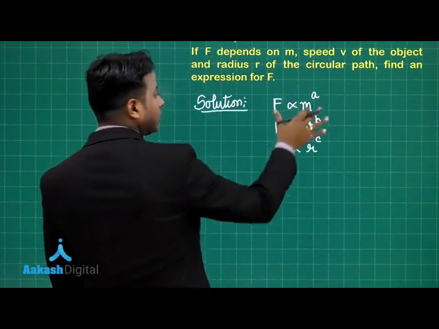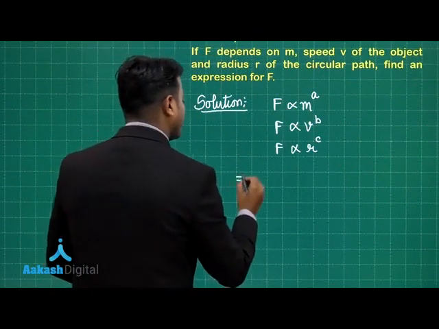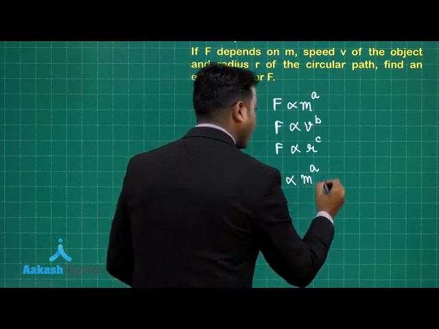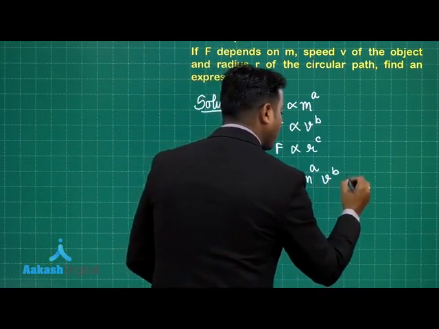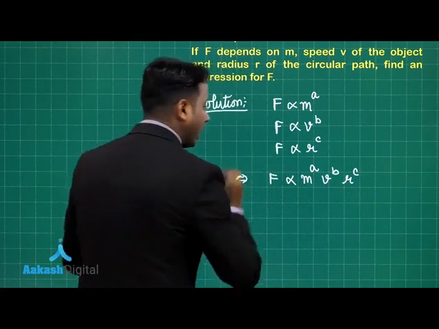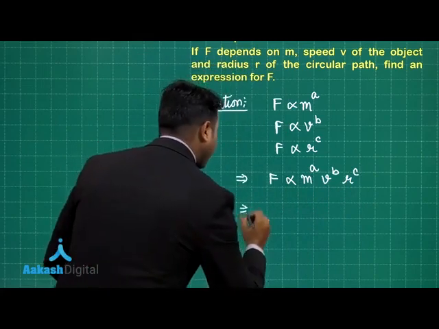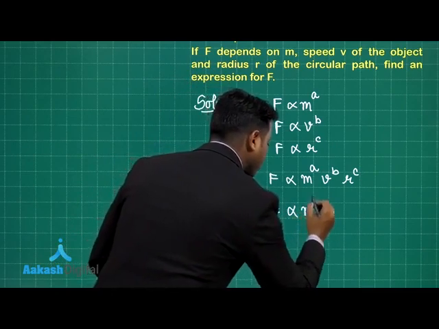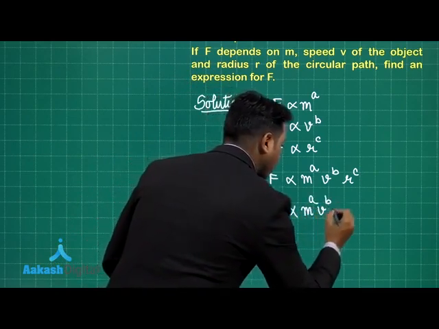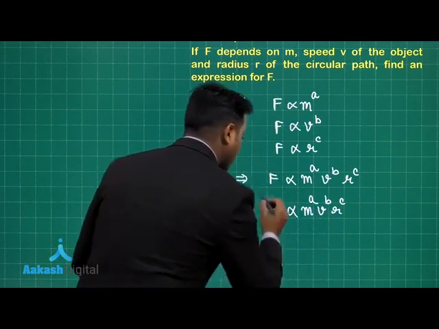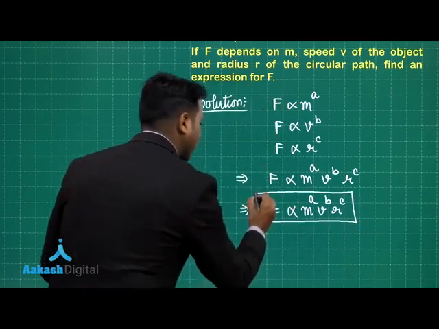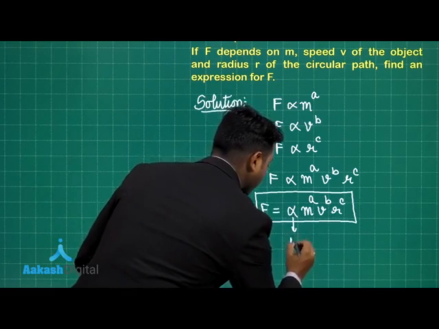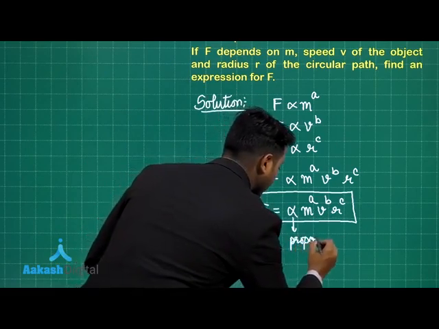If I combine these three proportionality relations, I get F is directly proportional to mass to the power a, velocity to the power b, radius to the power c. And if I remove the proportionality sign, F is equal to alpha times m to the power a, v to the power b, r to the power c. So this is the main formula that we are going to proceed with, where alpha is a proportionality constant.